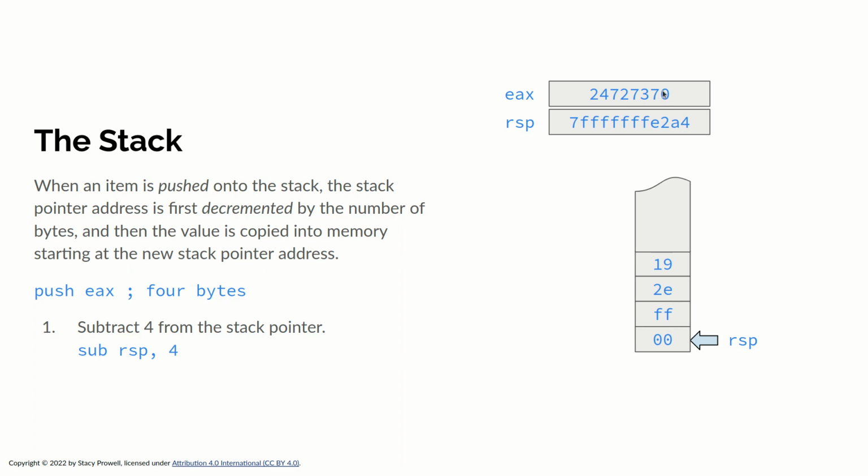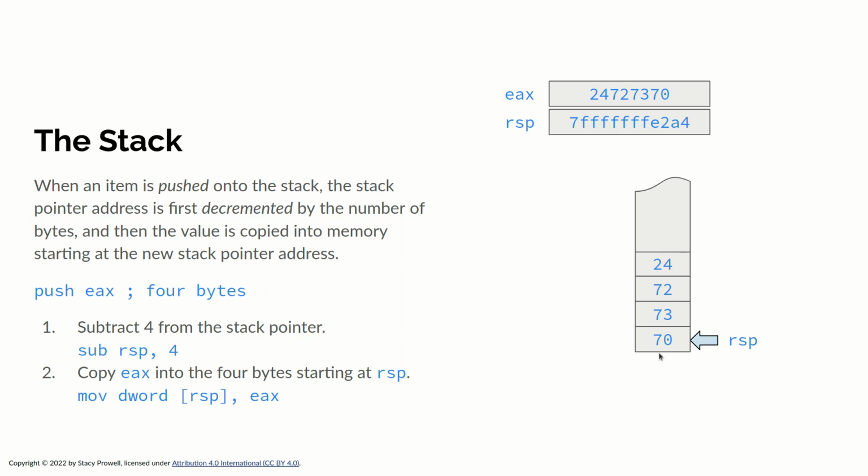So we'd expect 70 to go here, then 73, then 72, and then the big end, 24, would go here, right at the highest address. And sure enough, that's what happens. Effectively what we did was subtract 4 from RSP and then move EAX into the address pointed to by RSP, and there we have this value now stored on the stack.